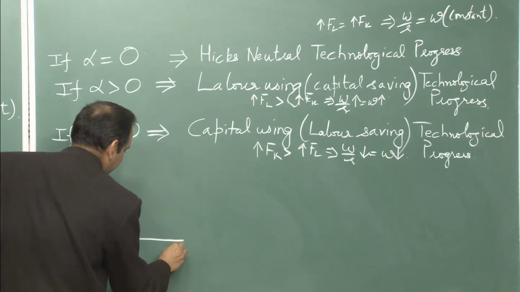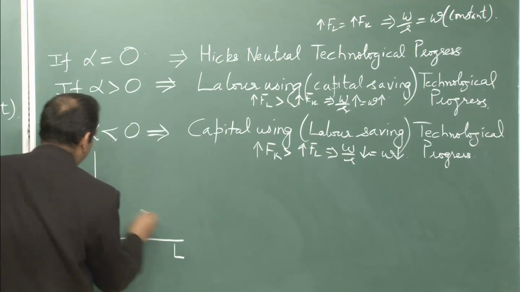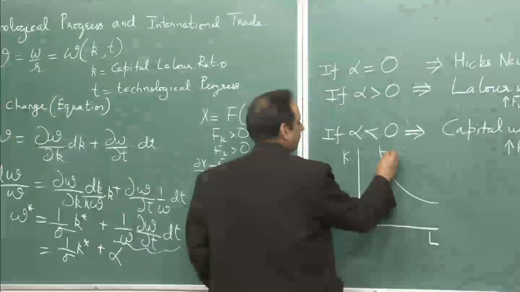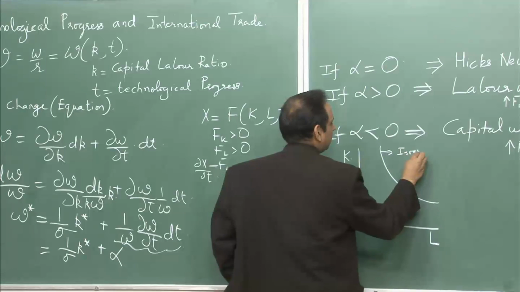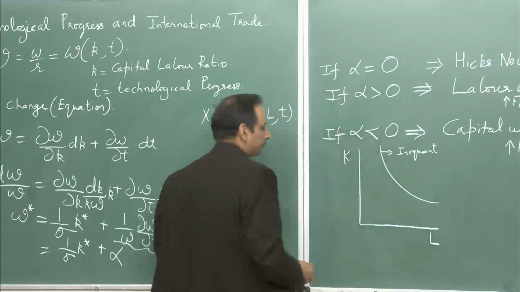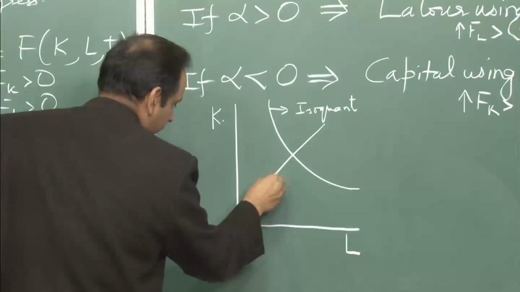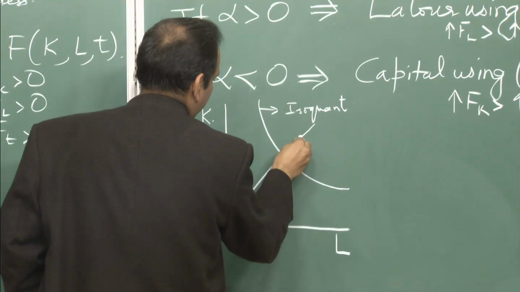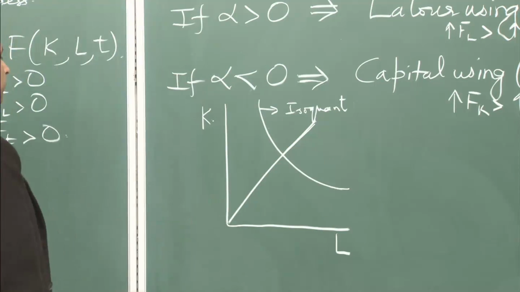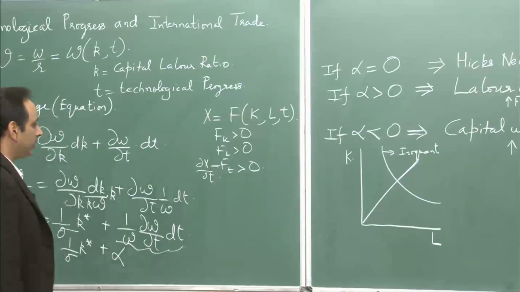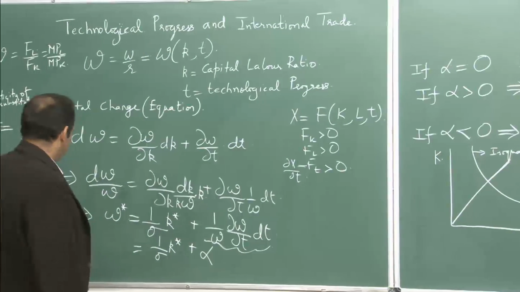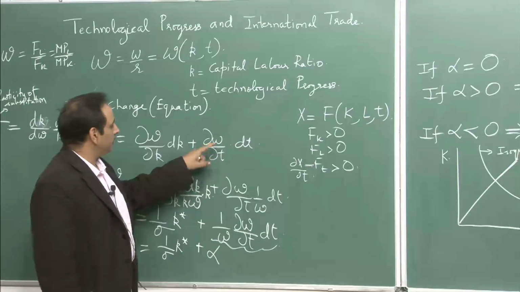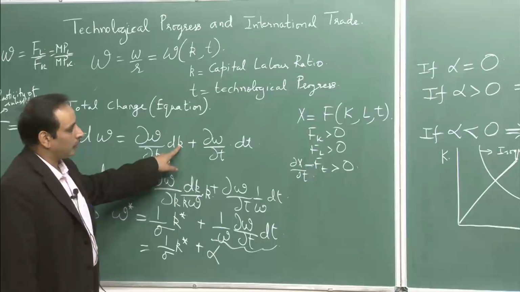If this is labor, this is K, this is an isoquant, you have to draw a straight line from the origin, implying that the capital labor ratio remains the same, because remember, when you differentiate omega with respect to t, you keep the capital labor ratio constant.